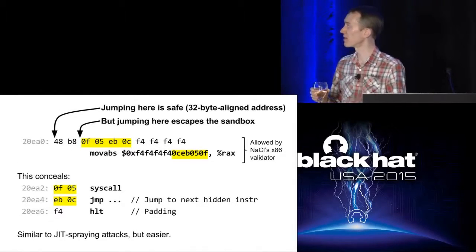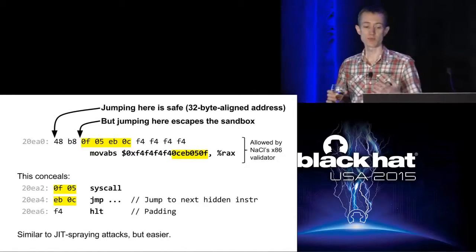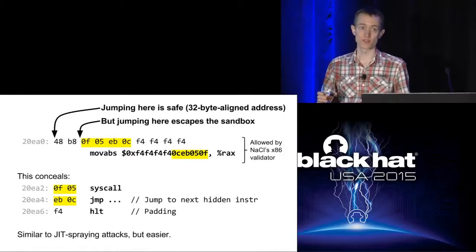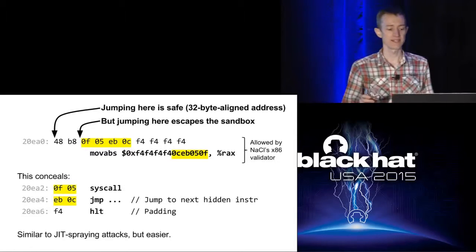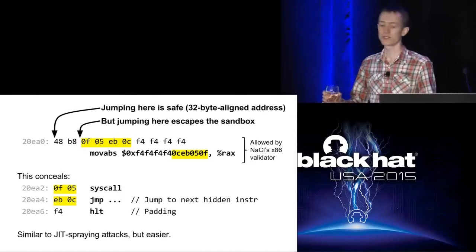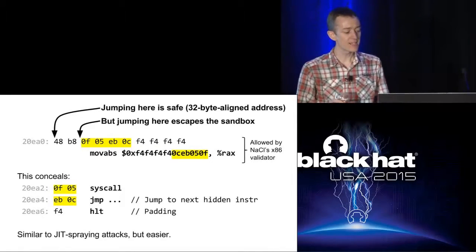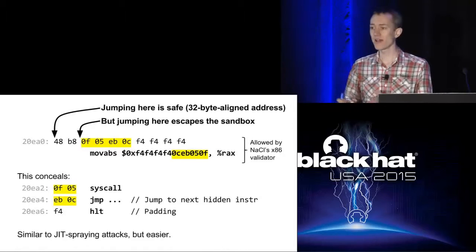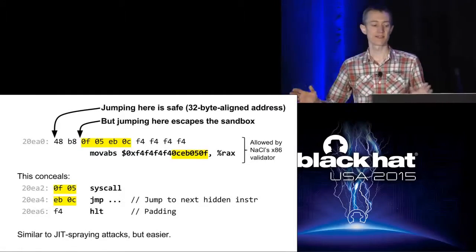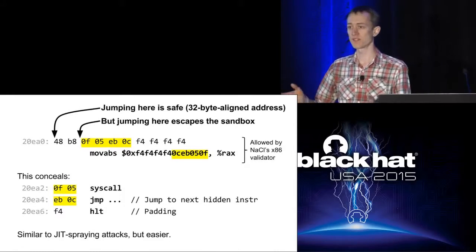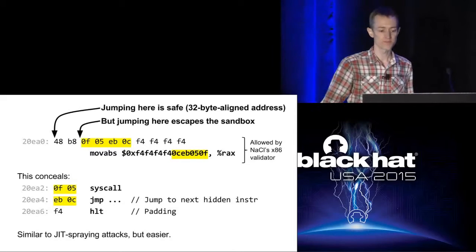The way we get the shell code marked as executable is actually kind of similar to how JIT spraying techniques are used for exploiting JavaScript JITs. Basically, we can hide the code inside other x86 instructions. And that's kind of easy to do for NaCl, because NaCl allows loading any chunk of x86 code as long as it passes NaCl's validator. So the validator is this thing that checks that code uses a safe set of x86 instructions and that the code passes some other safety properties.